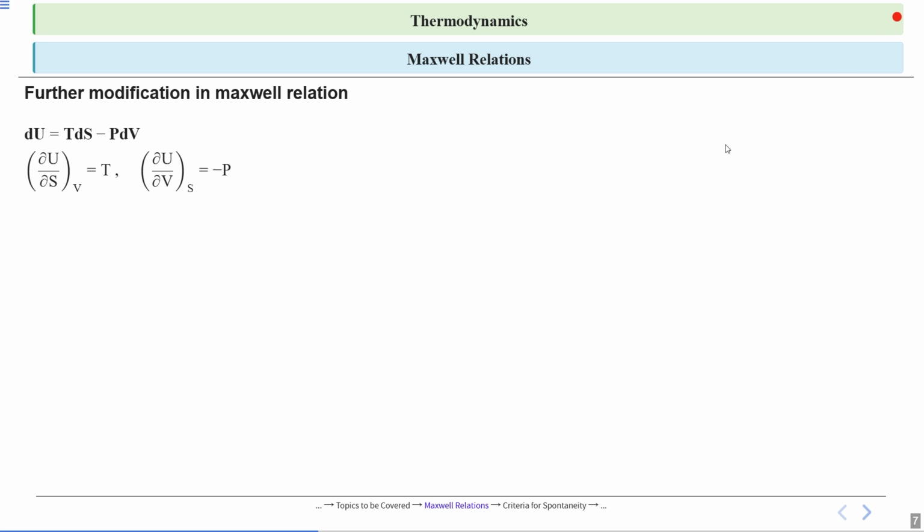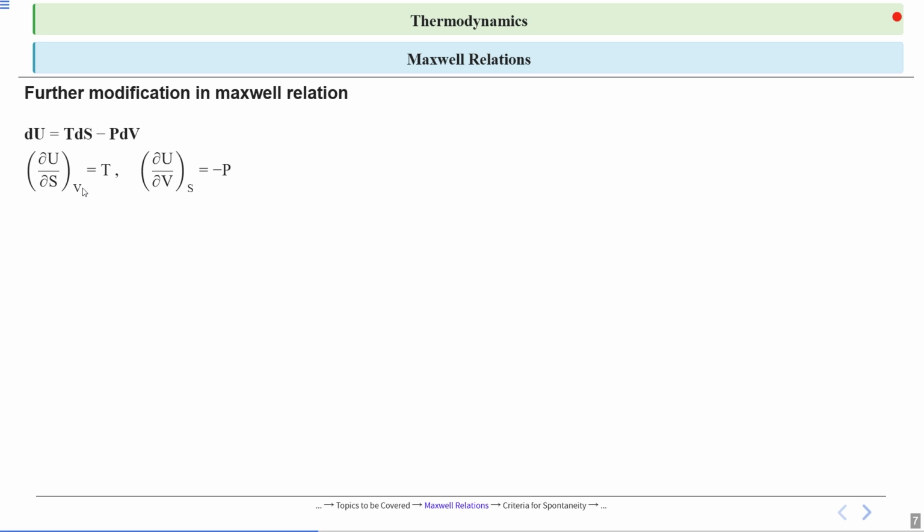If we take the volume constant in this equation, you can see very clearly that dV, the change in volume, will become 0 because volume is constant. Therefore, this whole term PdV will be equal to 0. What can you write now? dU equal to TdS. Now cross multiply this dS here and take it as volume.